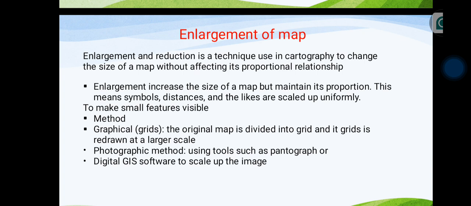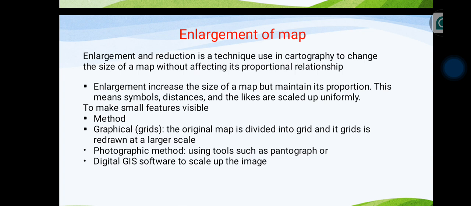Enlargement increases the size of a map but maintains its proportion. When you say I'm enlarging this map, it means you're increasing the size of that map, but its proportion must be maintained.